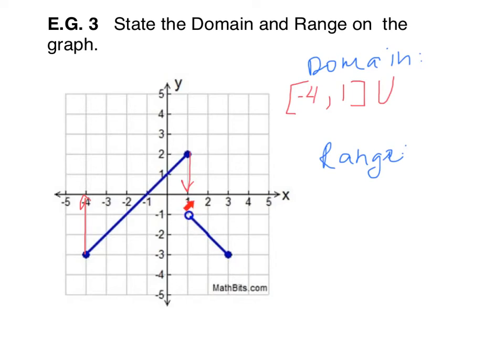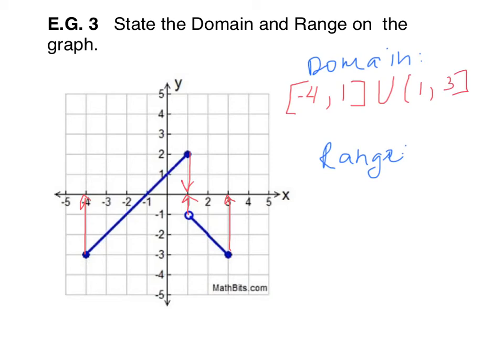This piece of the graph starts at +1 on the x, but notice it's an open dot, which means it doesn't include the 1 for that part of the interval. So we have parentheses 1, comma, and then it ends at +3, filled dot. So it has a bracket symbol with 3 at the end of that interval.